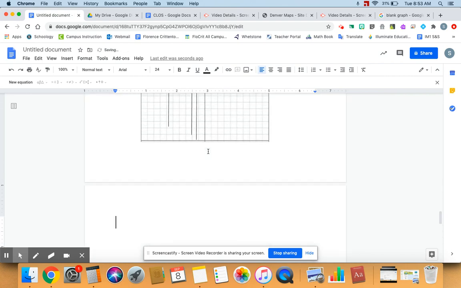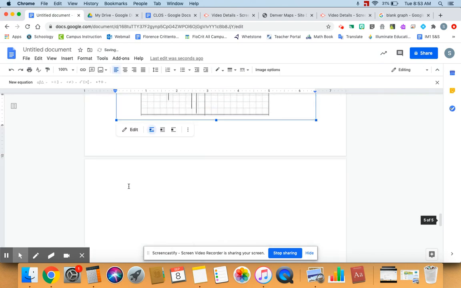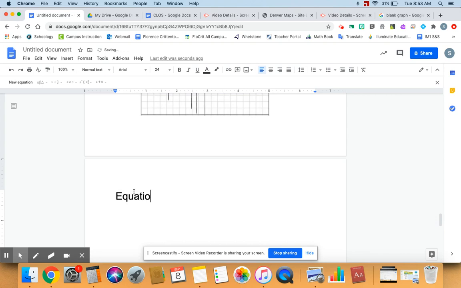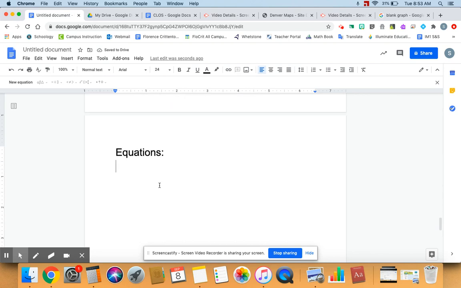That's graphs. When it comes to equations, if it says something like this, one is a function, but we don't know that. At least not for sure.